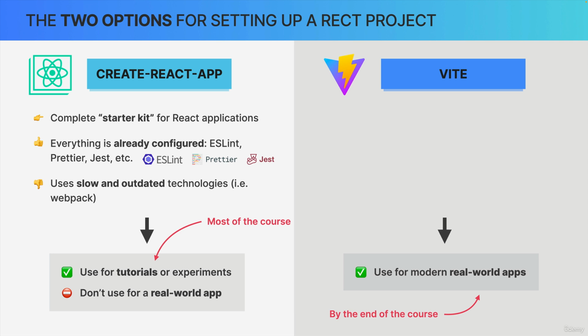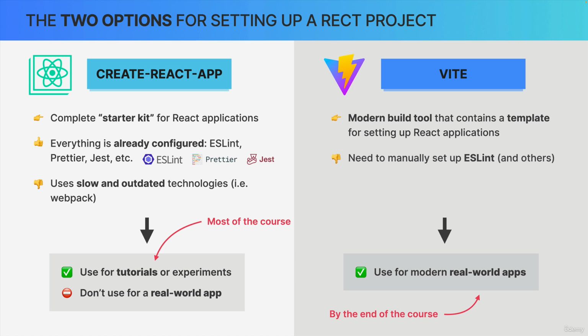Now, Vite is actually quite different from Create React App, as it's basically simply a modern build tool. So a bit like a modern Webpack, but which happens to also contain a starter template for setting up brand new React applications. However, in a React app created with Vite, you will have to manually set up many important developer tools, such as ESLint, Prettier, a testing library, and so on.